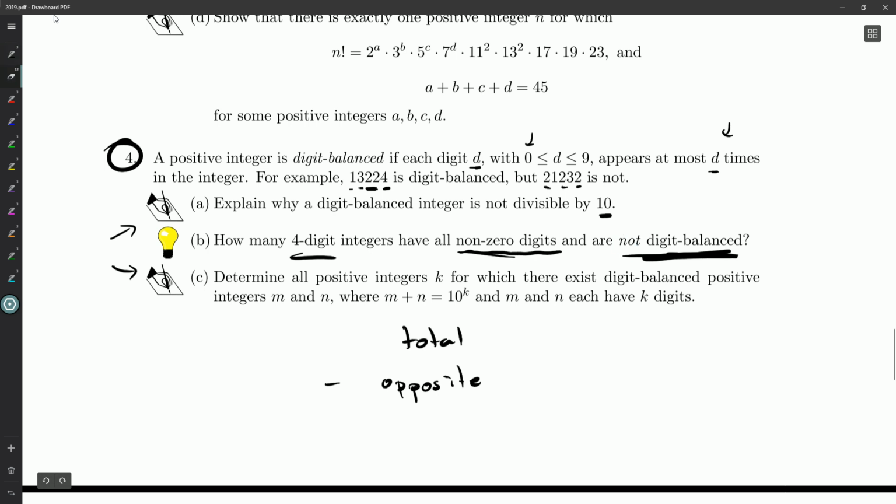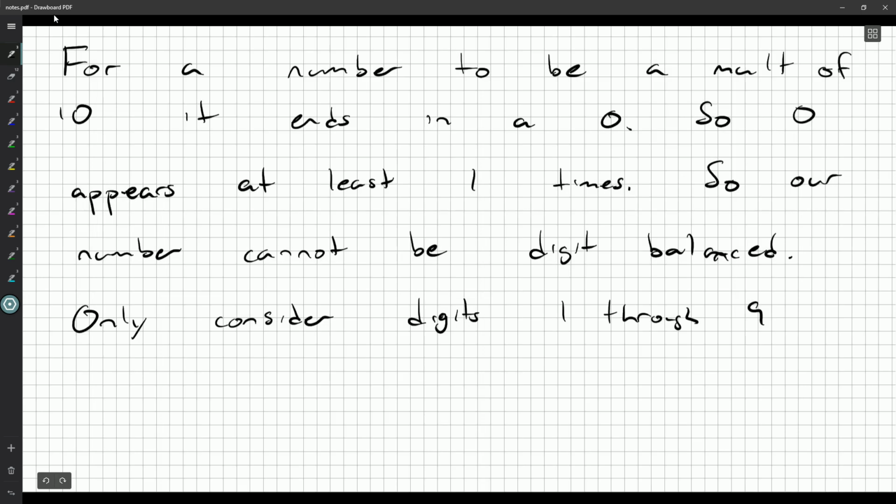Just with 4 digits and only 9 digits, there'd be 9 to the 4 total. And then the question is, how many do we have that are digit balanced and have no 0 digits? Okay, so that's an option. But let's try to get the non-digit balanced numbers.